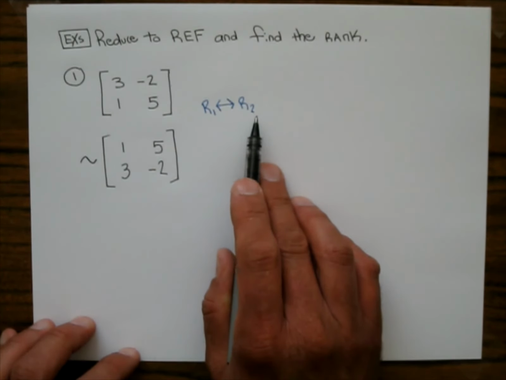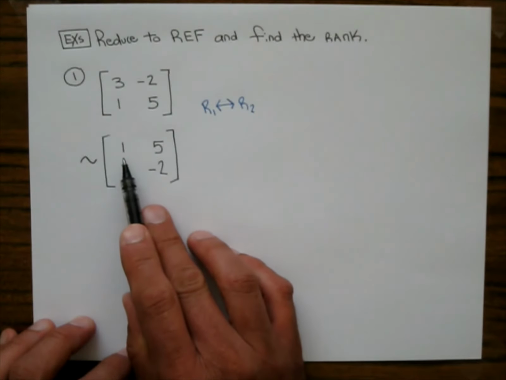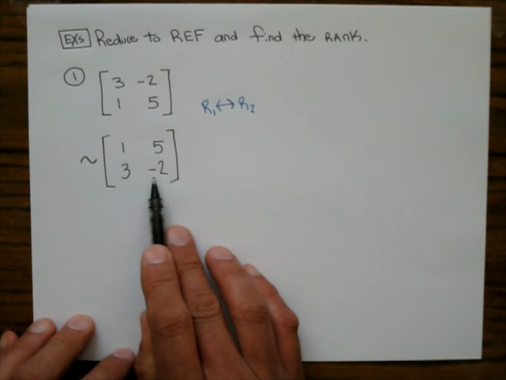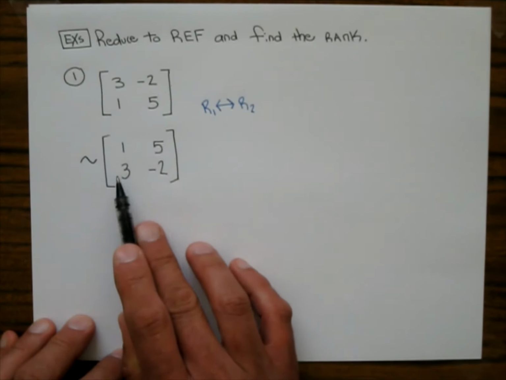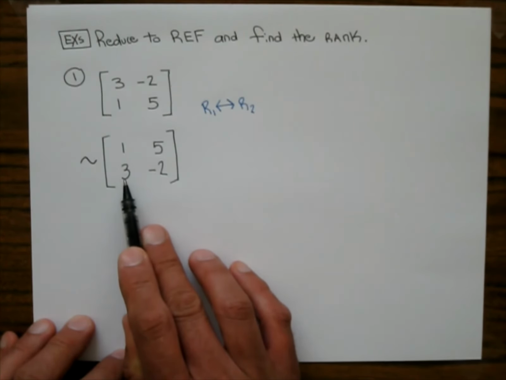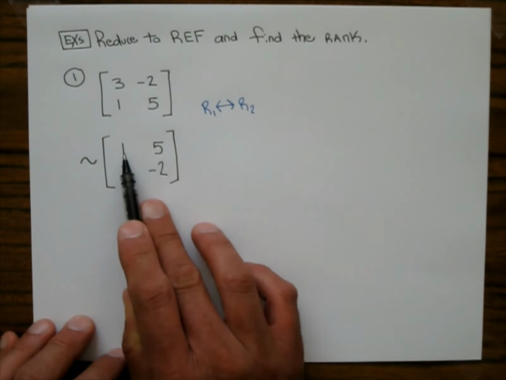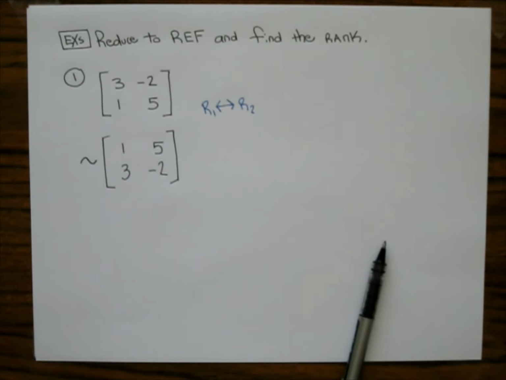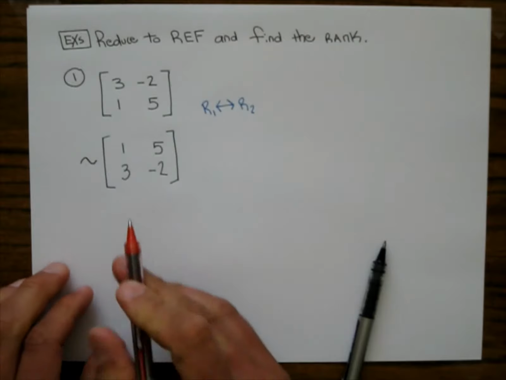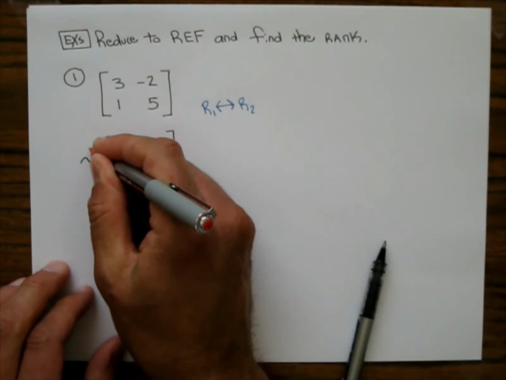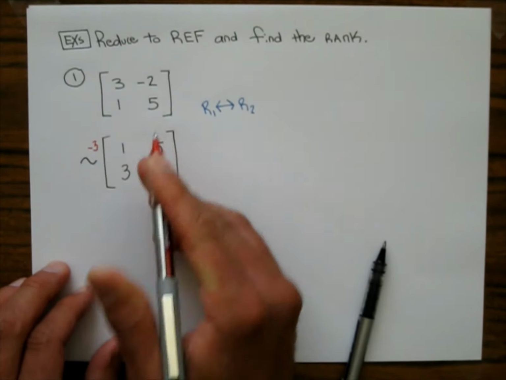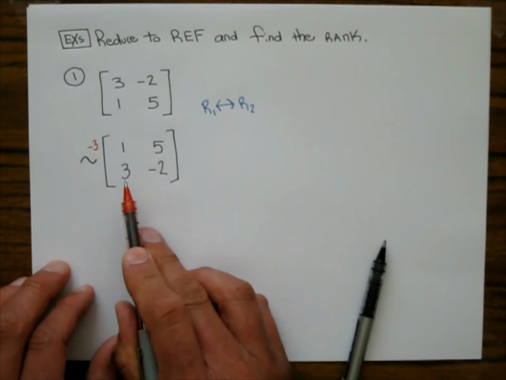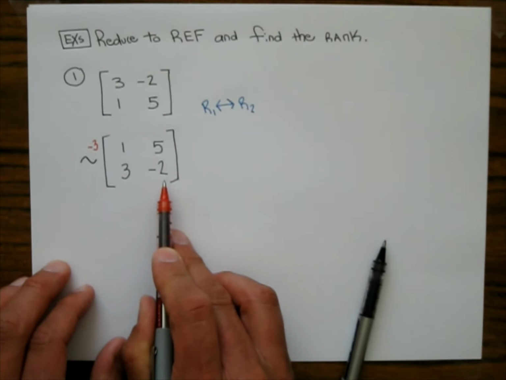Now the next thing I want to do is this. Here is a leading 1, and if I'm going to have a leading 1 on the row below, I do not want it right below. I'd like a 0 below that leading 1. So how do I get a 0 below that leading 1? I want to put opposites there. To do that, I'd like to multiply row 1 by -3 and then add that result to row 2.